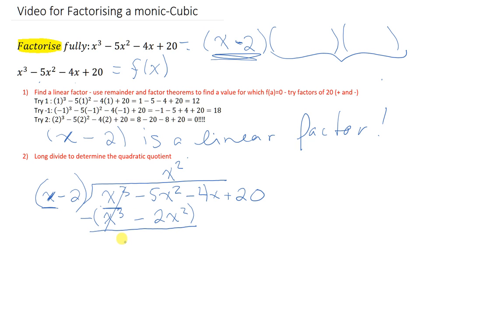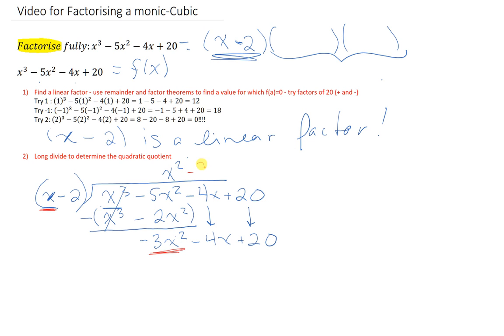X cubed minus x cubed is 0, which I don't need to write. Negative 5x squared minus negative 2x squared. Well, that's negative 5 plus 2, so that's negative 3x squared. Carry down what I've got. Now I ask myself a new question. I ask myself, well, x times what gives me negative 3x squared?